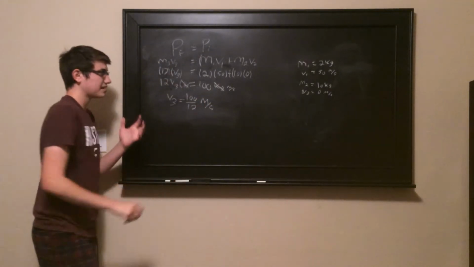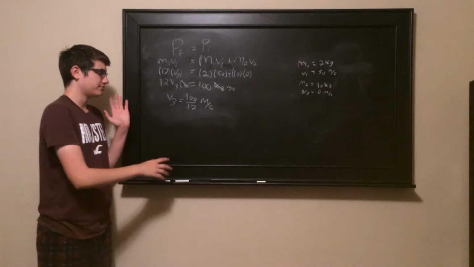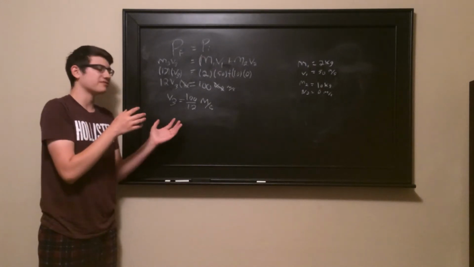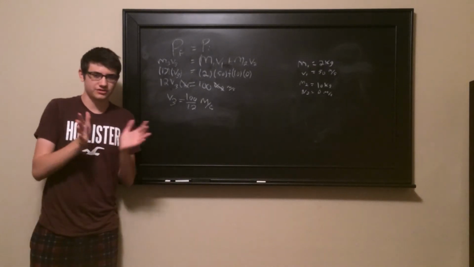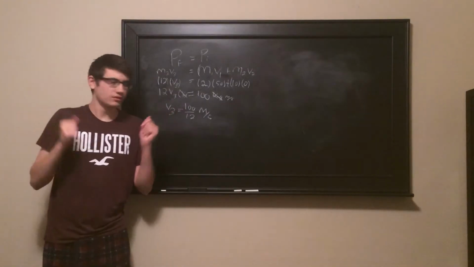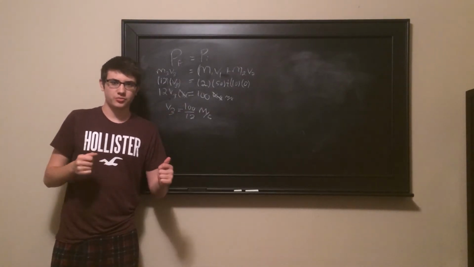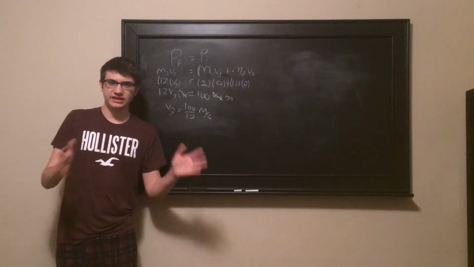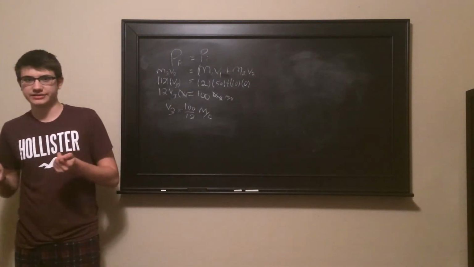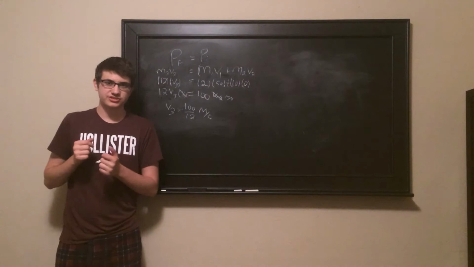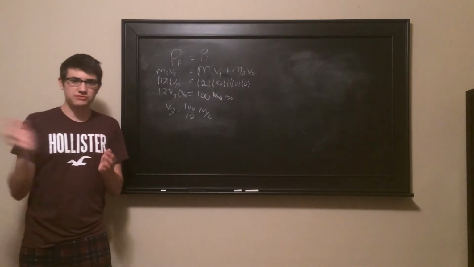And that's how momentum can be useful, because it gives us the ability to find the velocity of objects after collisions have already occurred. Alright, so our next major component of linear momentum is the difference between inelastic collisions and elastic collisions. Elastic collisions typically occur when objects bounce off of each other.